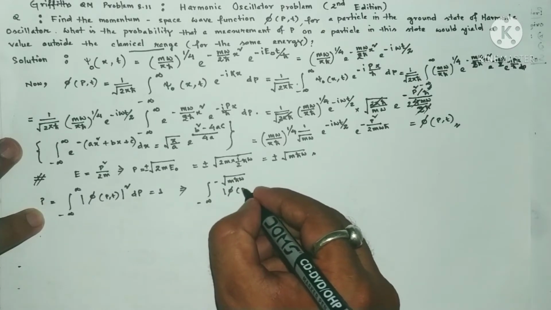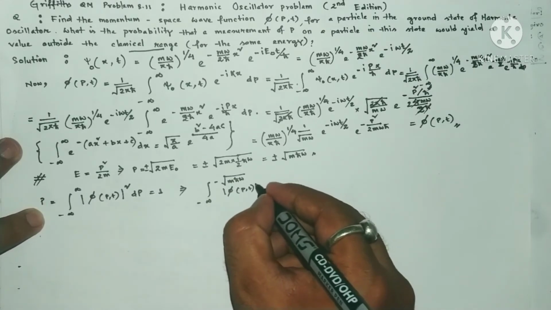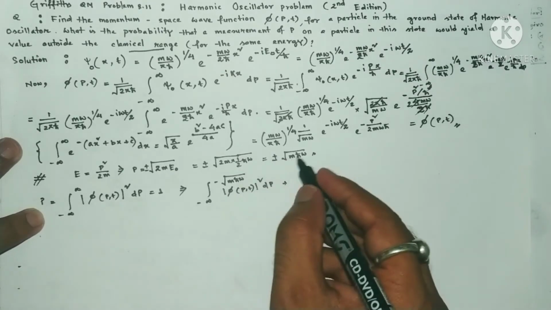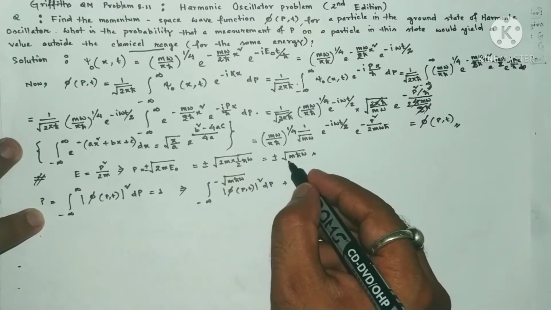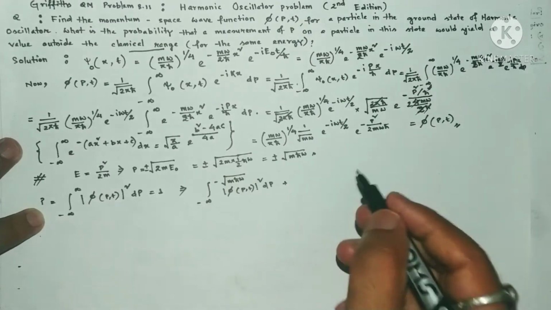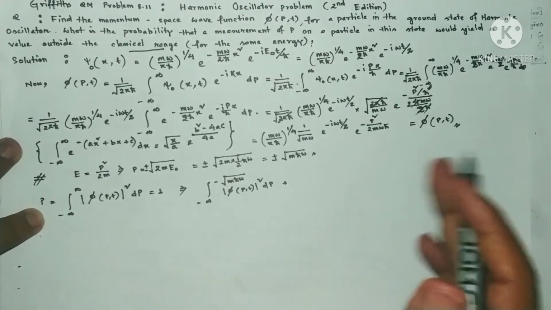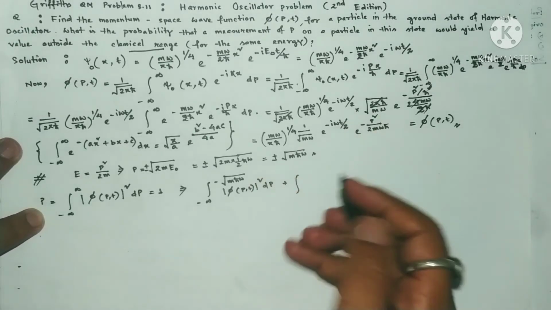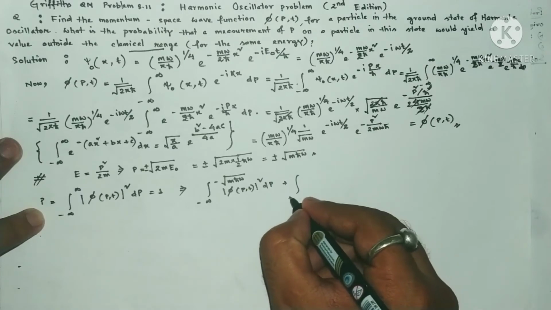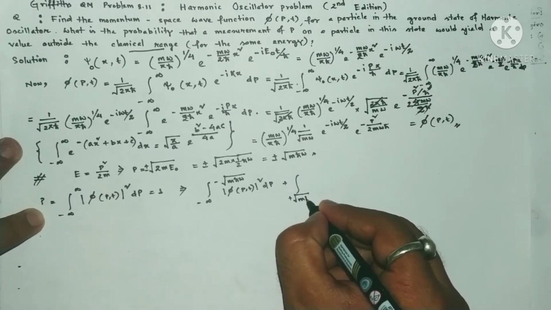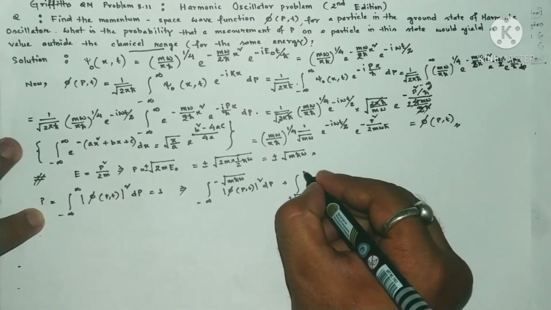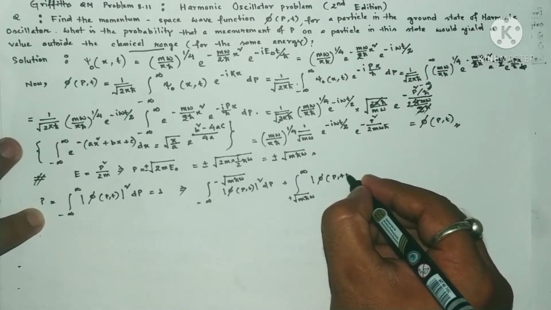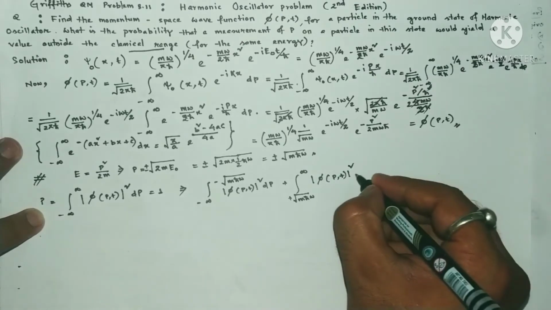Phi p comma t whole square dp plus the range between this minus under root m h cross omega to plus under root m h cross omega, that range will be excluded, and we will write plus under root m h cross omega to infinity, and we will have the same phi in momentum space dp.